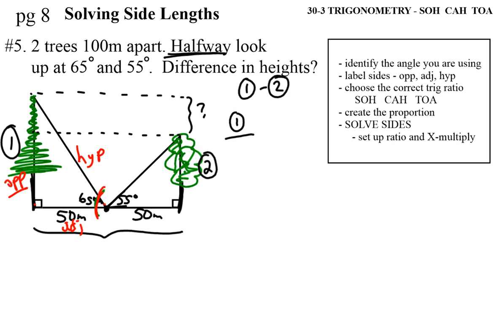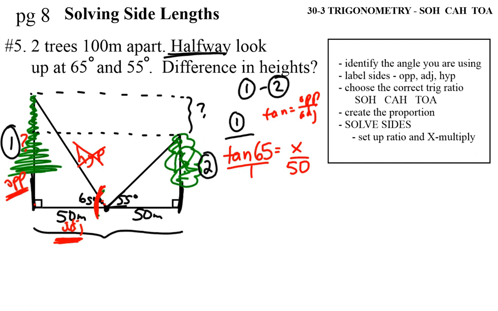We want the opposite. That's what we're trying to find. We have the adjacent. Hypotenuse doesn't help us. Adjacent and opposite. We have tan of 65. And remember, tan is opposite over adjacent. Tan of 65 is opposite, which is unknown, over adjacent, which is 50.